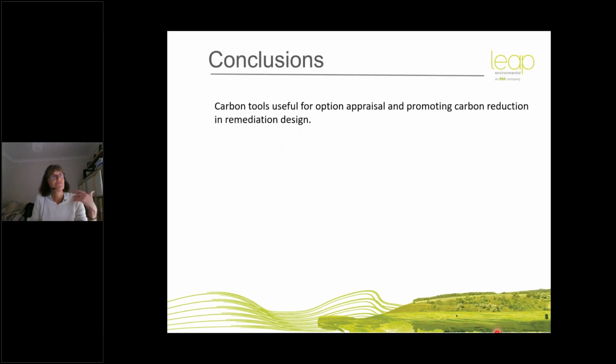So just to bring all the conclusions together from what I've just presented, hopefully I've shown carbon tools are really useful for option appraisals and promoting carbon reduction in remediation design. And it's not just about the design, it's about your material use. I hope I'm showing it's not just carbon.